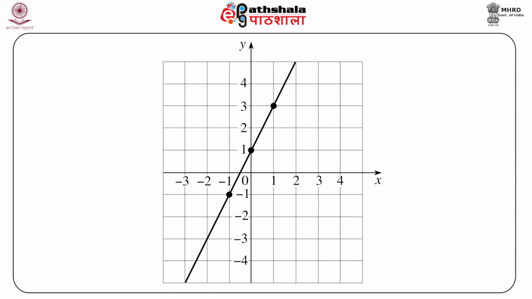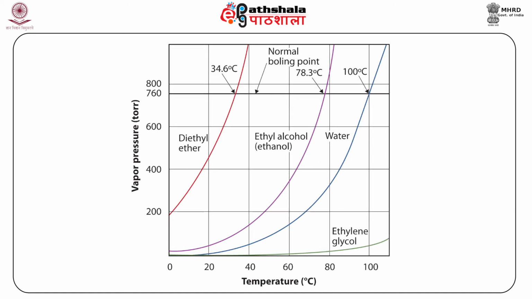After that, the scale of each axis is decided, that is, how much each unit along the axis represents. Scales chosen must make the graph as large as possible within the limits of the paper and still include the largest item of data.